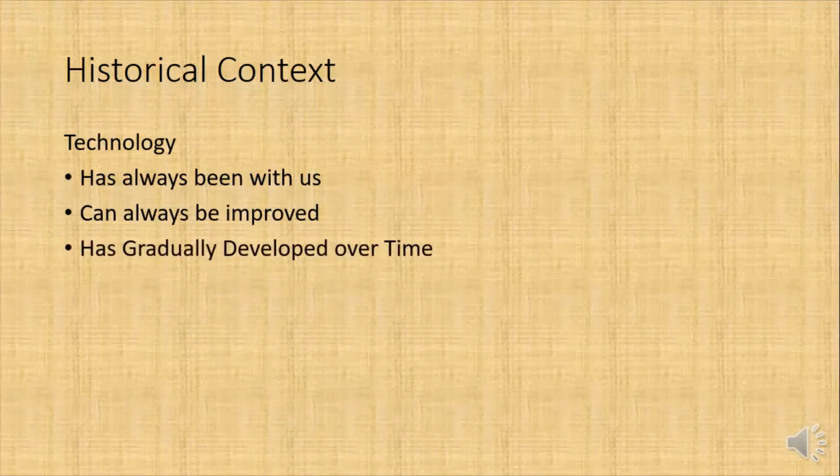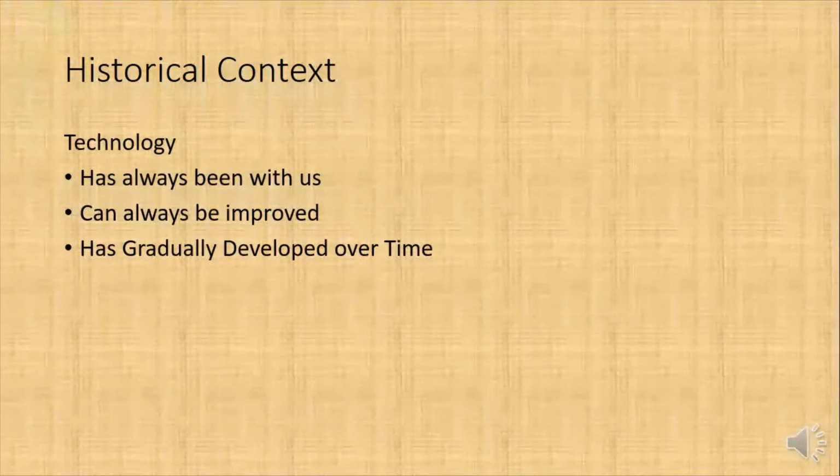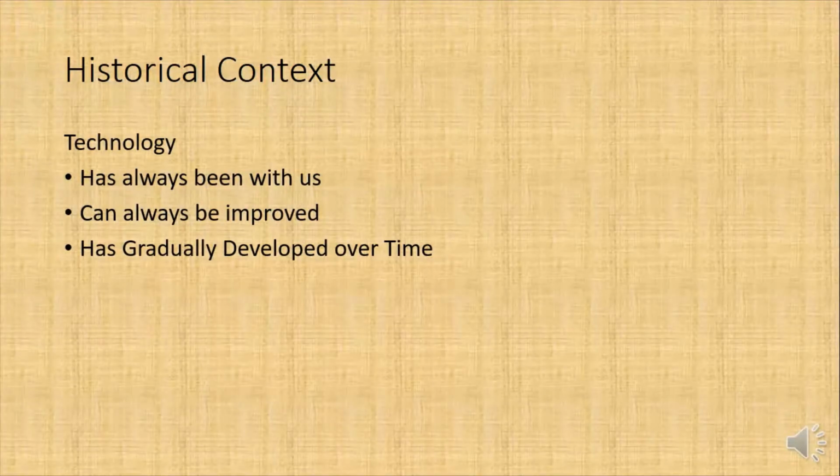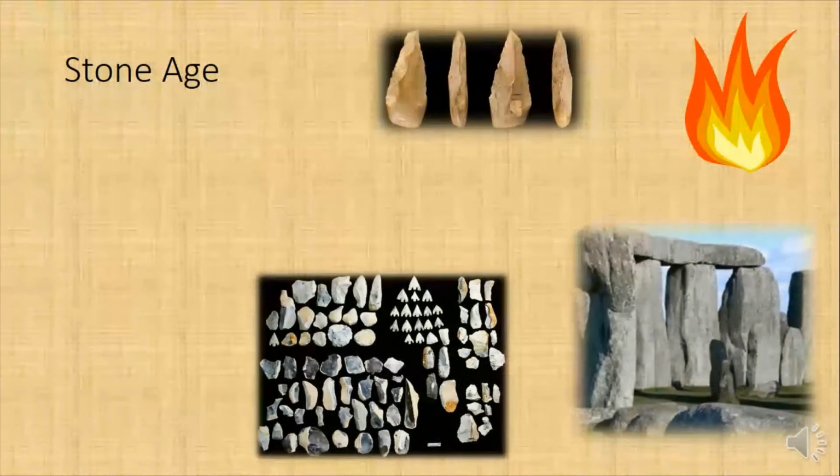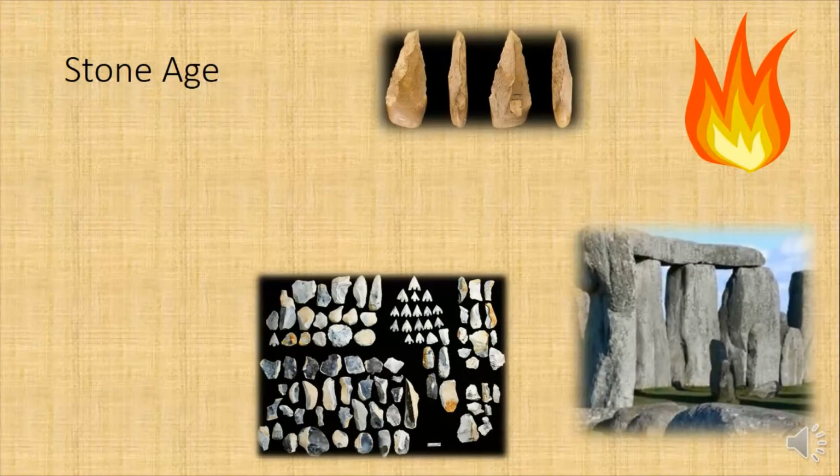Technology has certainly gradually developed over time, just like the shoe example. Shoes have been in place for who knows how many thousands of years, but they've continuously, gradually developed over time. So the first major technological age that we are going to talk about is the Stone Age.